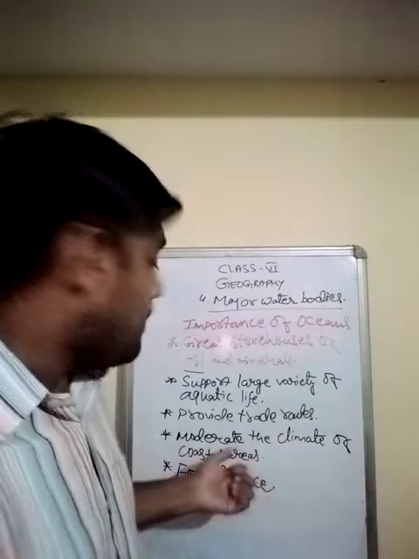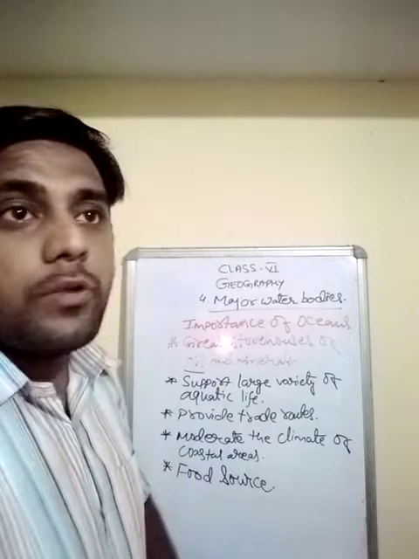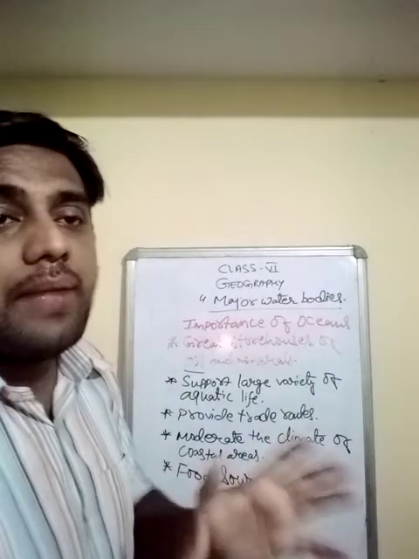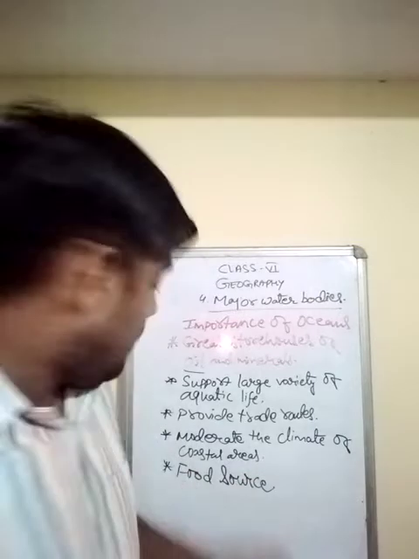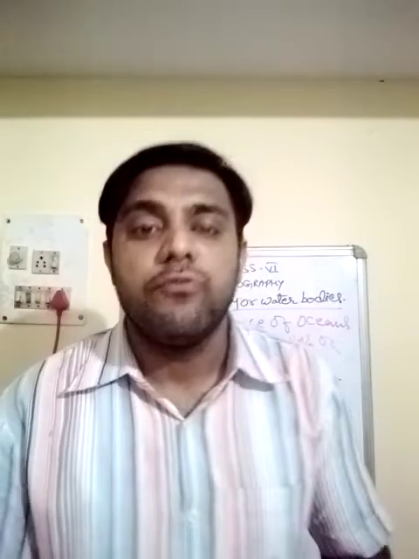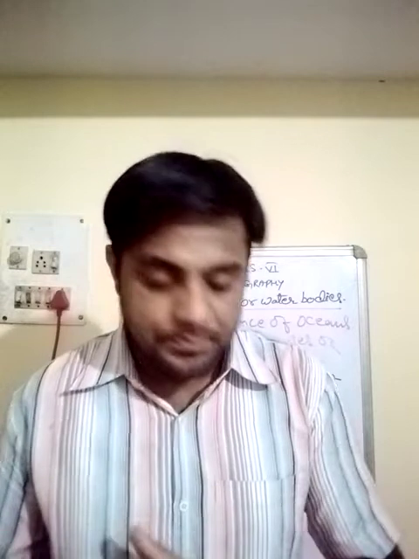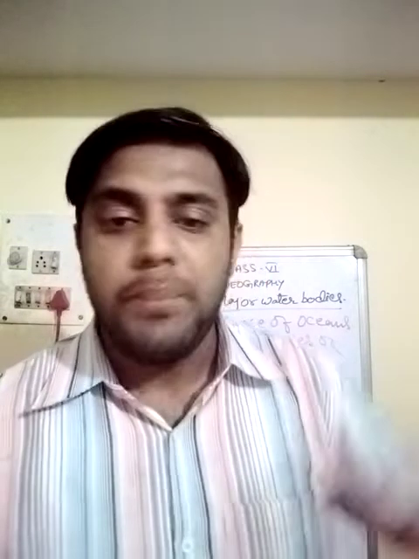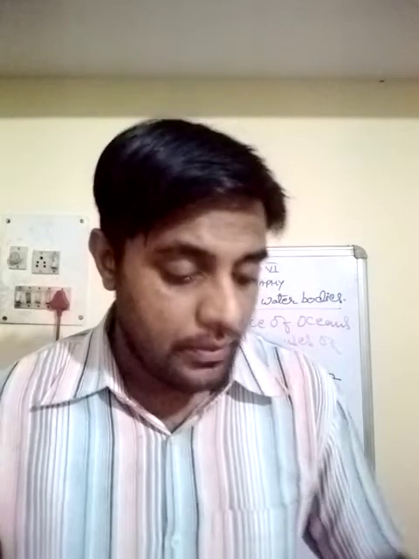Next, moderate the climate of coastal areas through evaporation and rainfall. They keep the climate regulated. Next, food source. Oceans are a source of food for many people around the world. Now let's move on to sea.